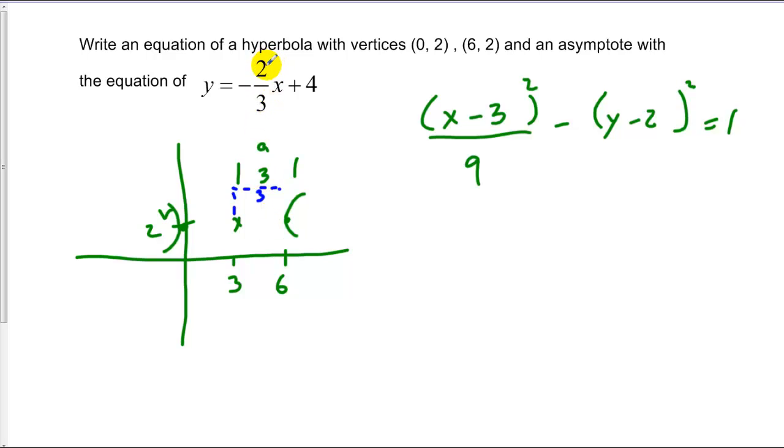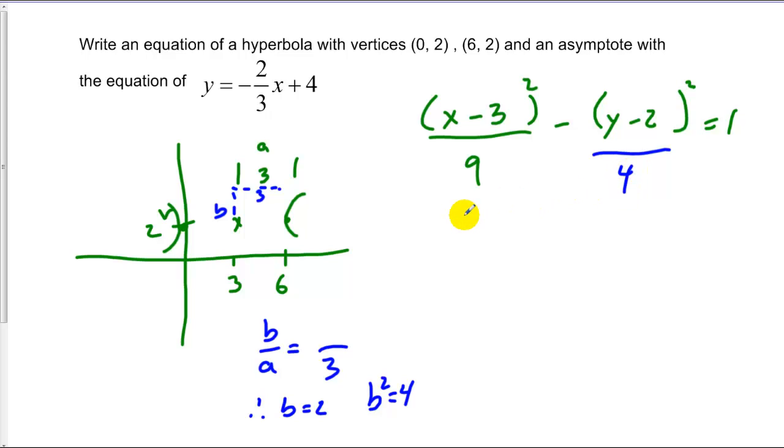And it just so happens here that I have a slope of B over A equaling something that has a 3 in the denominator. Therefore, B has got to equal 2, and B squared then is equal to 4. So now I have my equation for my hyperbola.